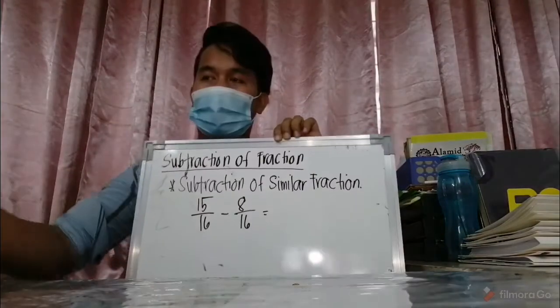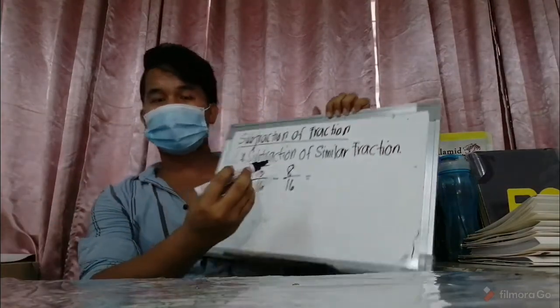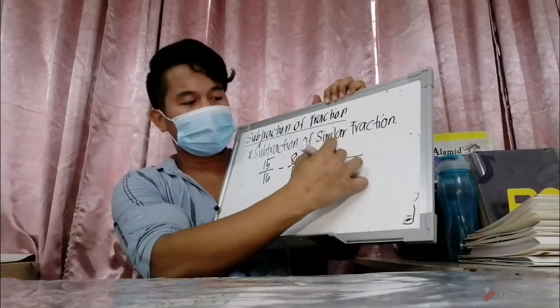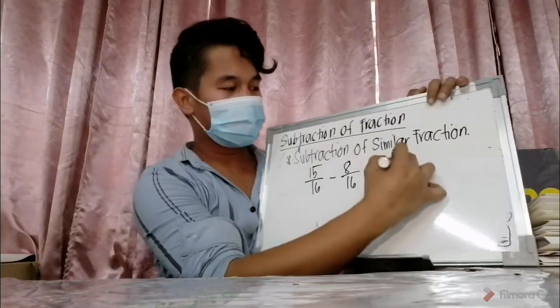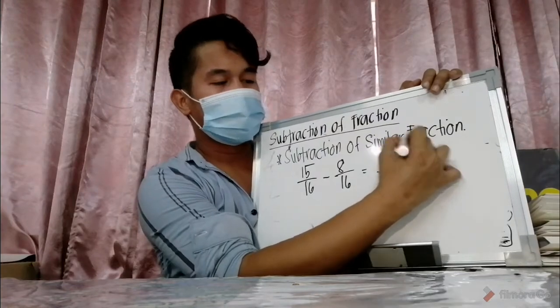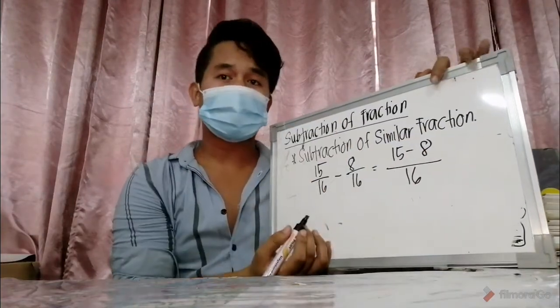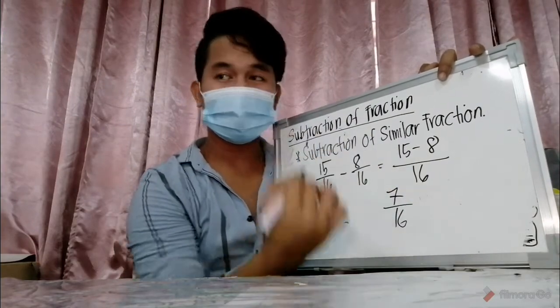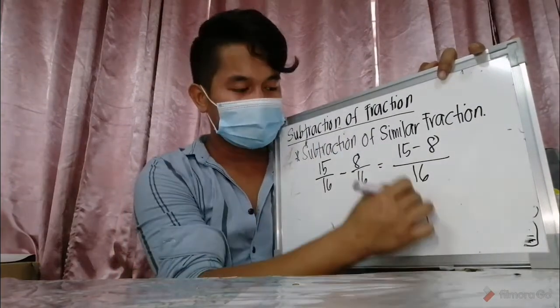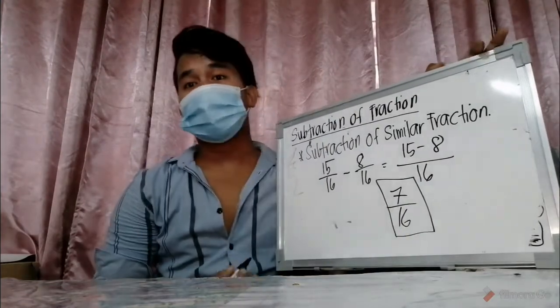As you can see, we have the same denominator. That's why we just need to copy the denominator and then subtract the numerators. So we have 15 minus 8, and what is 15 minus 8? We have here 7 over 16. So the answer is 7 over 16 since it cannot be simplified.